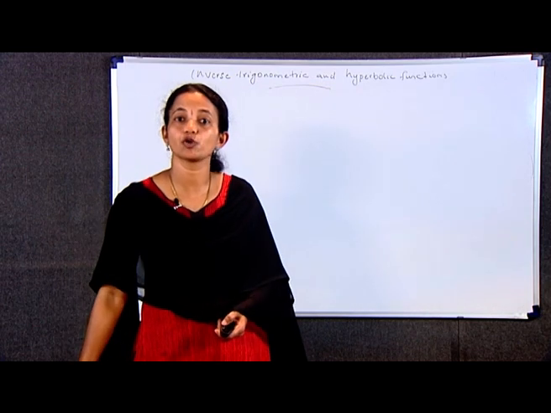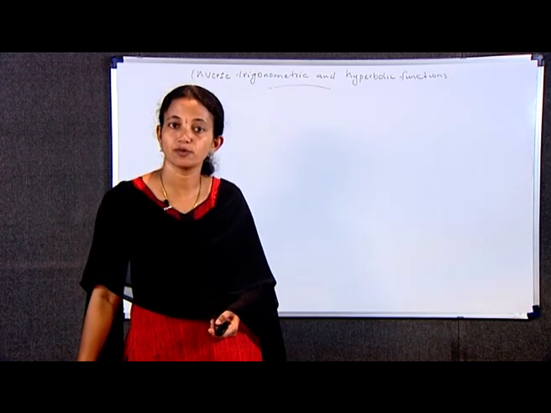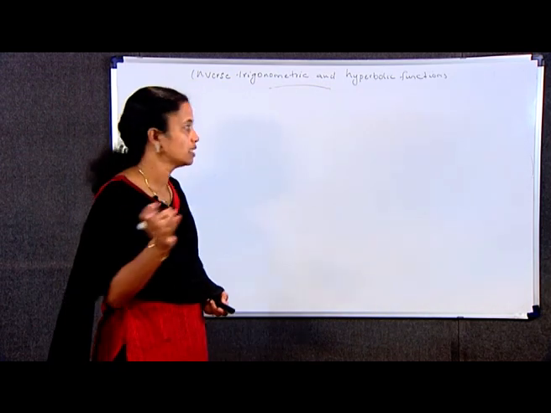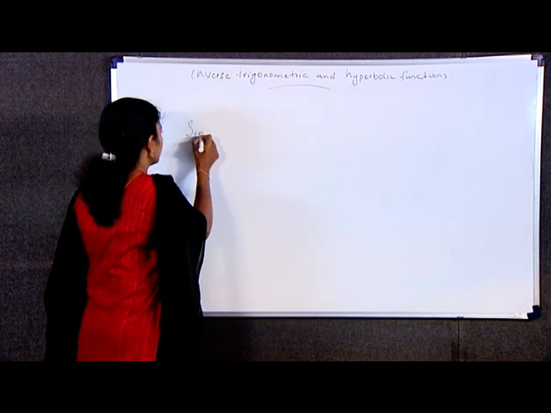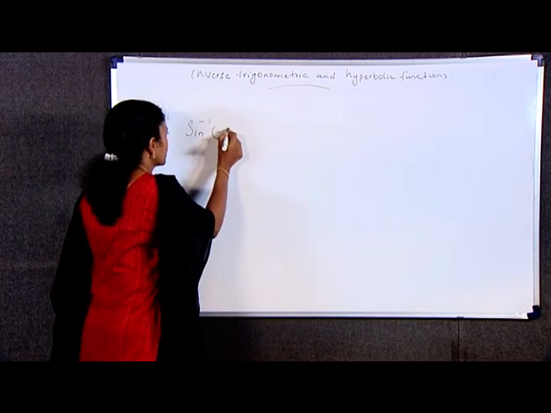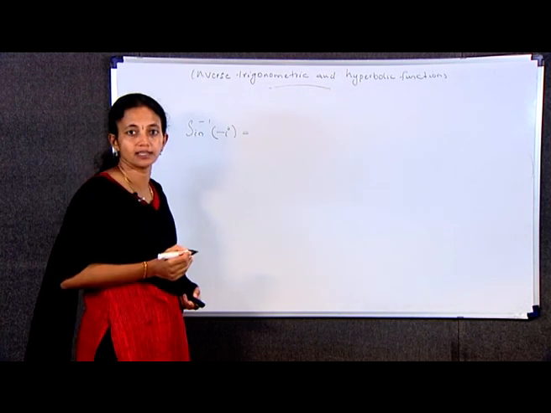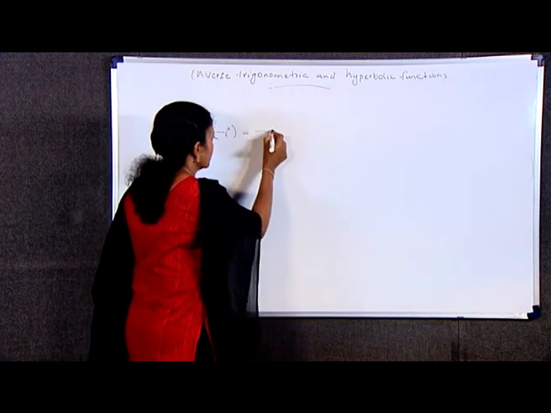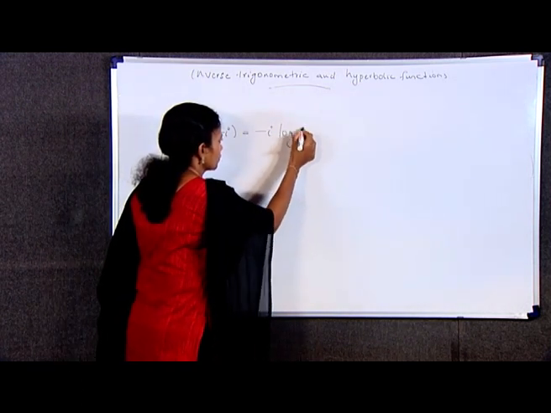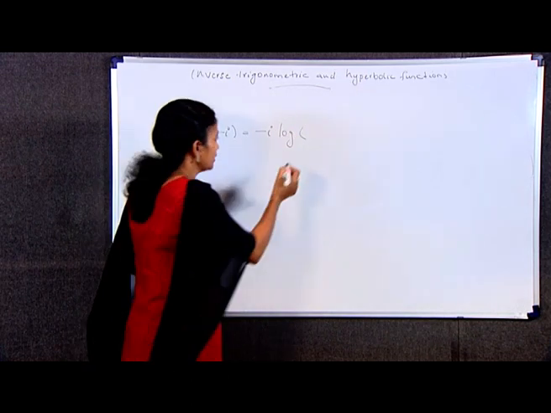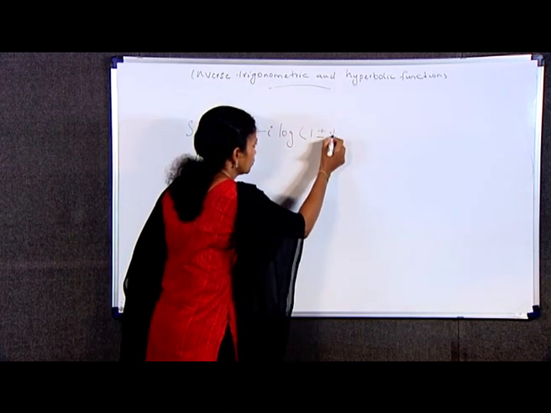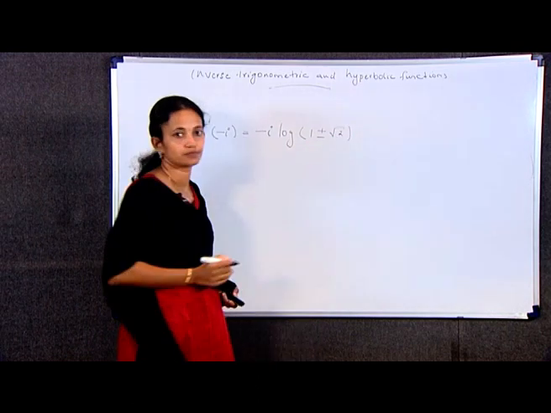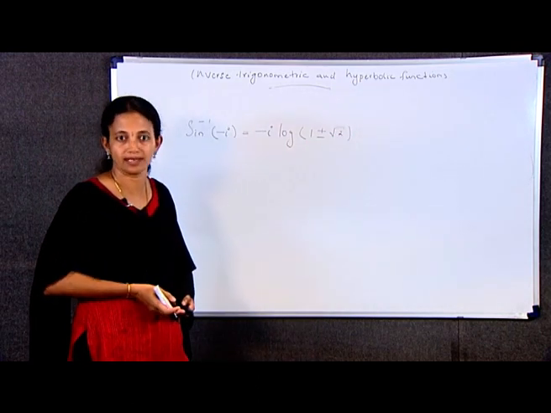putting z is equal to minus i in equation number 3, we have sin inverse of minus i is equal to minus i log of 1 plus or minus root 2. That is by putting z is equal to minus i.